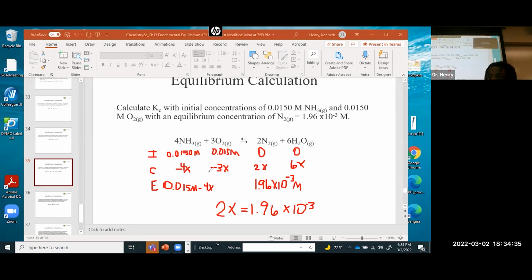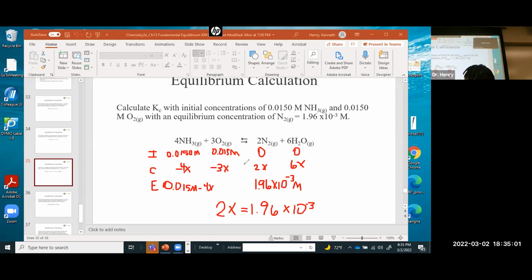So this is the initial, right? At the starting point, we have that much. The change is how much we're going to be removing, and then that's going to give us our equilibrium, right? So whatever we're losing here, we have to subtract from there.